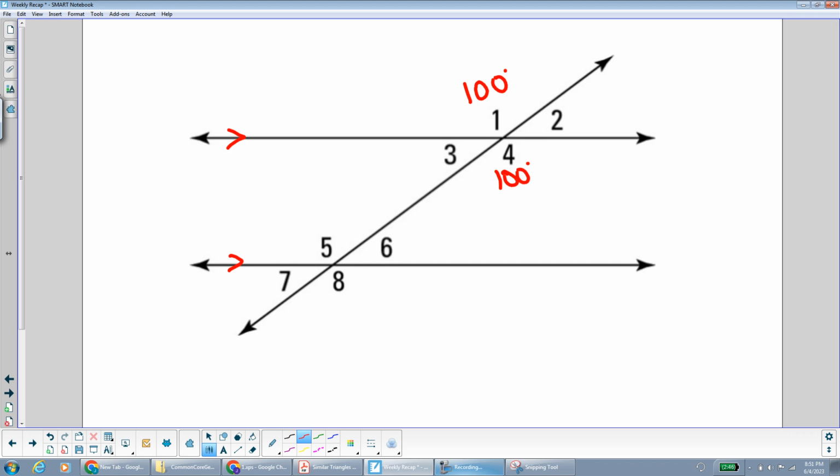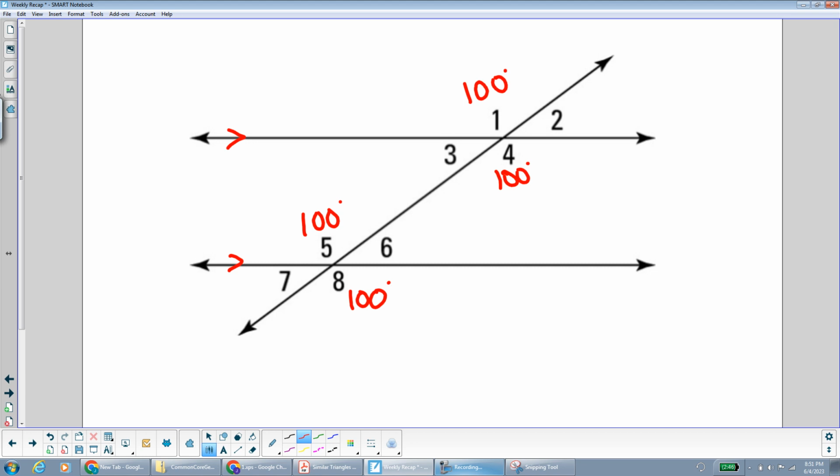Angle 1 and angle 5 are corresponding angles, top left, top left. So angle 5 also has to be 100 degrees. Angle 1 and angle 8 are alternate exterior angles. They're both outside the parallel lines, they're not within them. They're outside the parallel lines and they're on different sides of the transversal. So they also have to be congruent to each other.